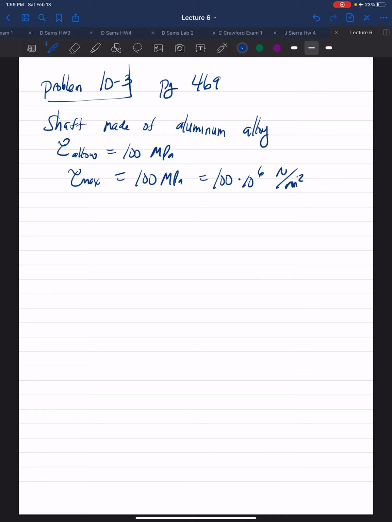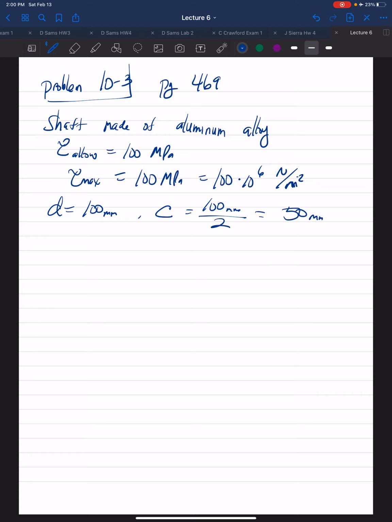The diameter of the shaft is 100 millimeters. All the formulas we defined to date are in radius terms. So then our C would be 100 millimeters over 2, our radius.